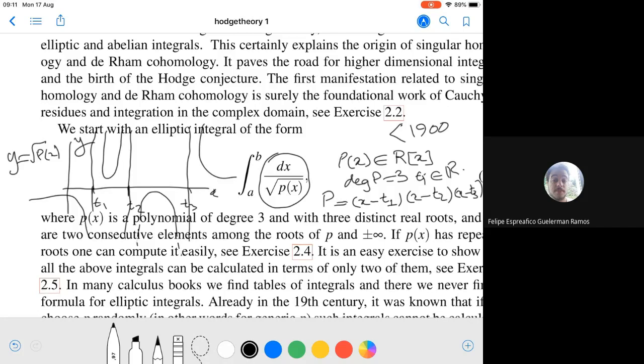For example, if you take a and b, t1 and t2, then we are computing in some sense this area.